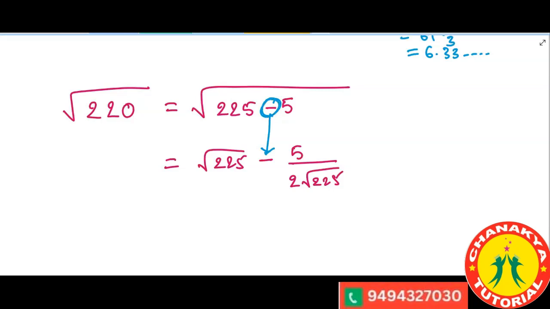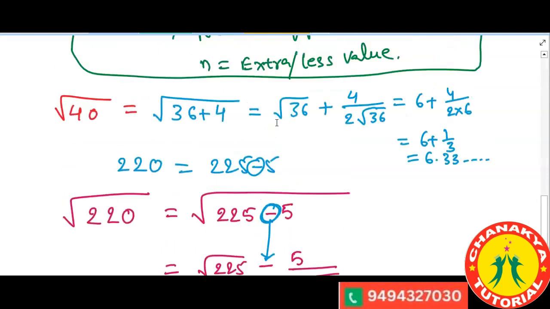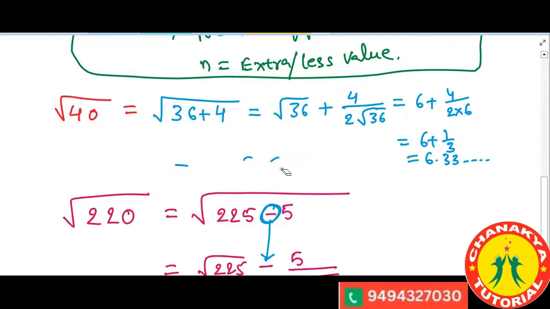We have represented 220 like 225 minus 5. Because it is minus, we use minus only. In the earlier question it is 36 plus 4, that's why we used plus 4. Manasvi, clear? Okay.